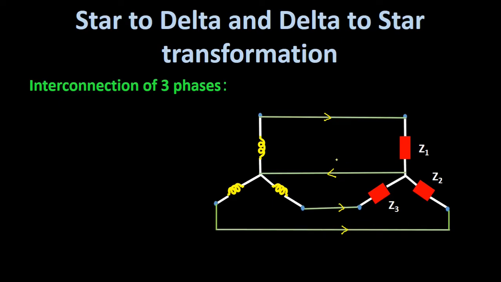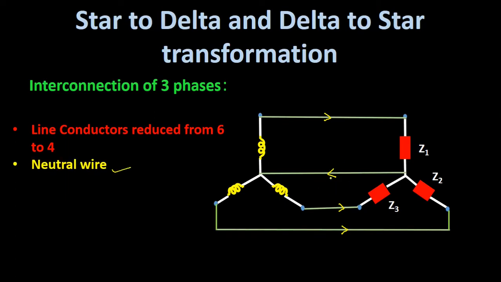Now we have reduced the number of line conductors or wires from 6 to 4, and this system now became a 3-phase 4-wire system, because to connect the load we are now using only 4 wires instead of 6 wires. So proper interconnection of 3 phases in the 3-phase system is needed to reduce the complexity of the system as well as the cost of making the system.